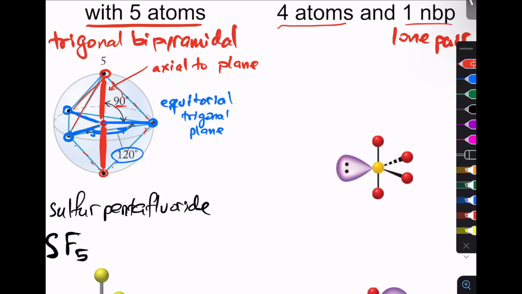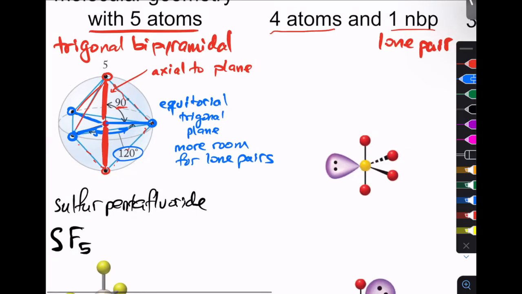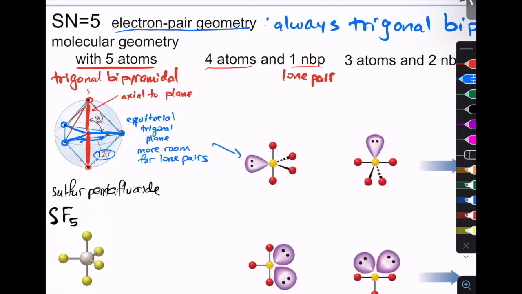It's going to be most stable there in one of the equatorial positions, and that's just what you would find experimentally as well. There's more room for the lone pairs here. So if we stick just one lone pair, it's going to go in an equatorial position as shown here.